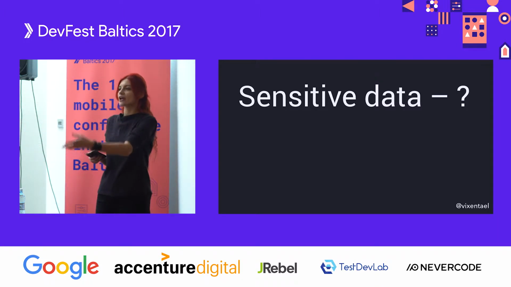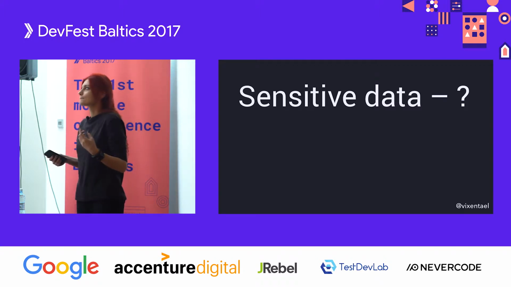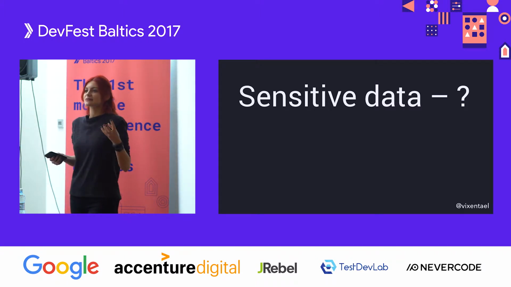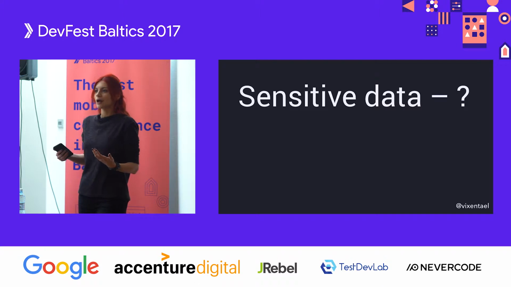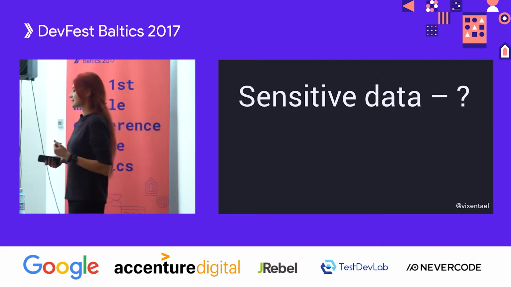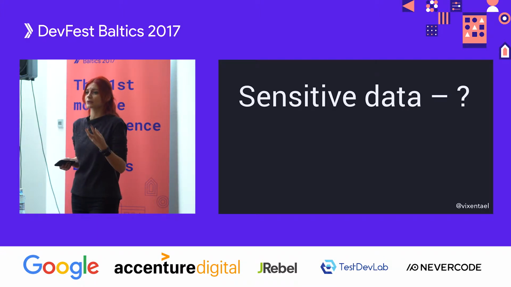Medical data, driver's license, passwords, passports. Basically, sensitive data is everything you want to keep private. It can be everything. It's subjective for any of us. And the problem is how to define sensitive data, and believe me, the problem is how to protect sensitive data.